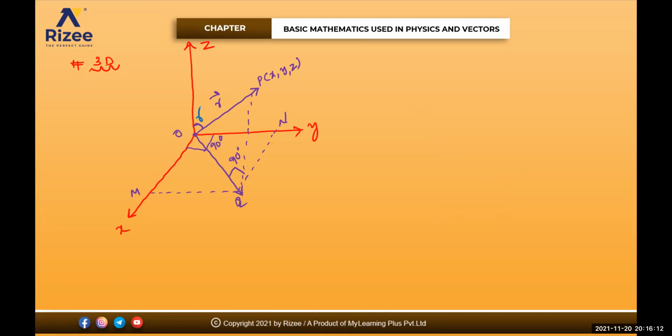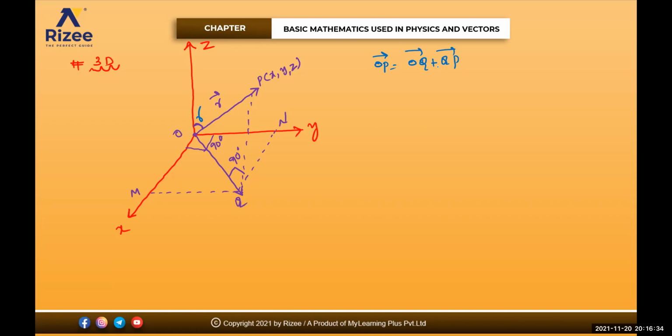Now see, O to P is how much, beta? Can anyone tell me? O to P bar will be equal to O to Q bar plus Q to P bar. That is the plane in which it is present.